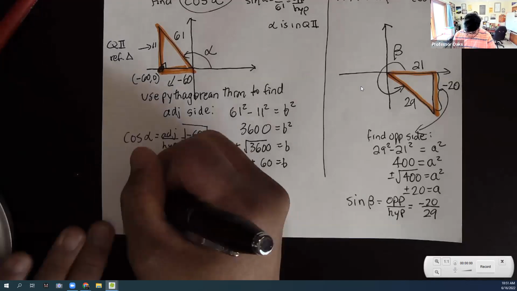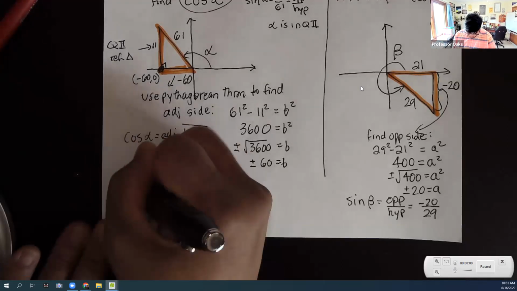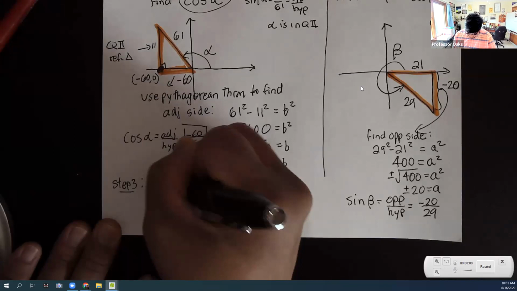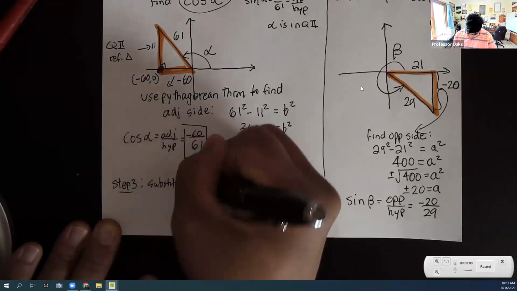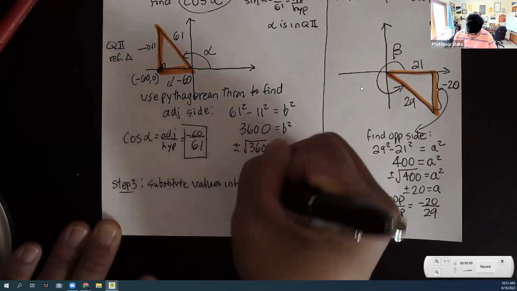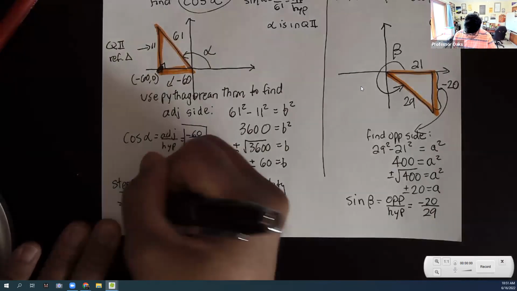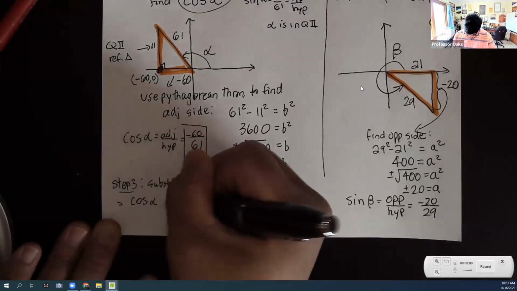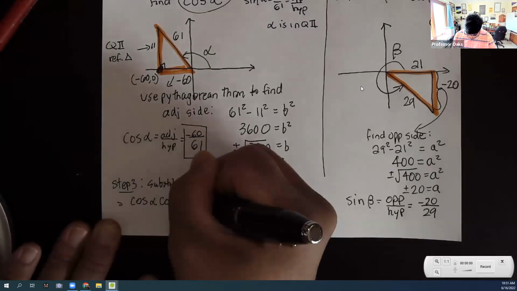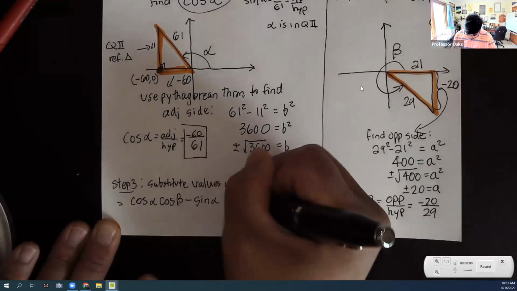So in step 3, you just substitute the values into the identity. You had cosine of alpha, cosine of beta minus sine of alpha, sine of beta.